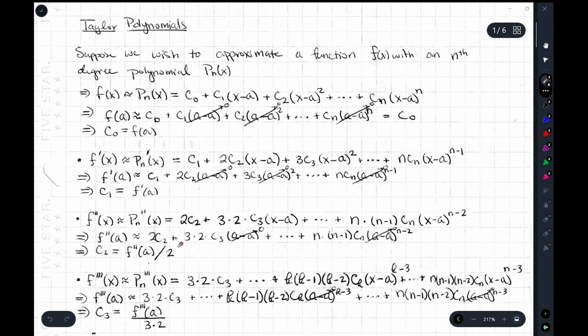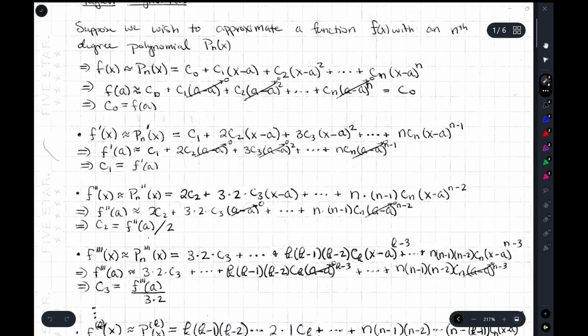We could again plug a into the second derivative of p_n, and we get only the 2c_2 term surviving. And so it's a good idea to set c_2 equal to f double prime of a over 2, the second derivative of f at a divided by 2.